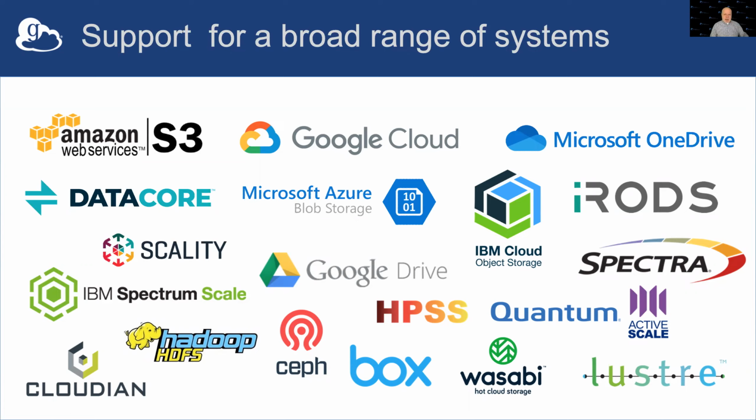Another really big benefit of using a service like Globus to do this is not having to worry about limits. So all of the cloud storage providers have limits, for instance, on the API rates, so how many requests or calls you can make to the API every so often. Google Drive, I think, has a default of 5,000 or 10,000 calls every 100 seconds, and Box has some other number.